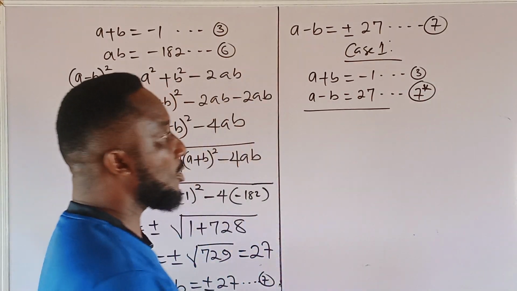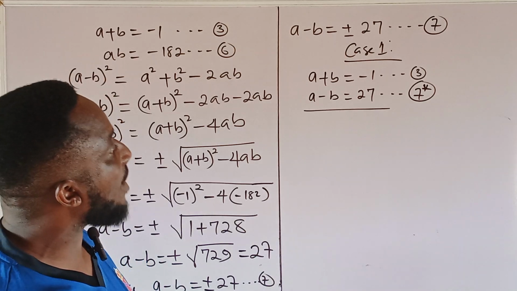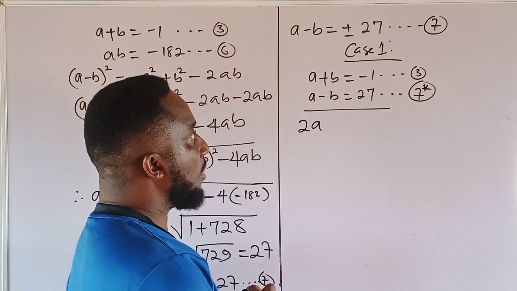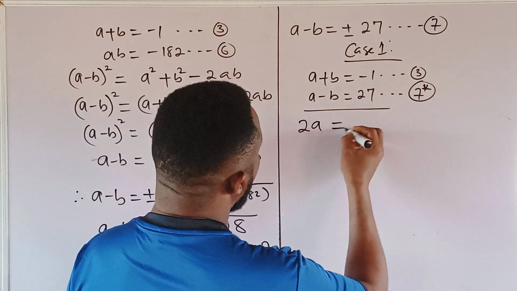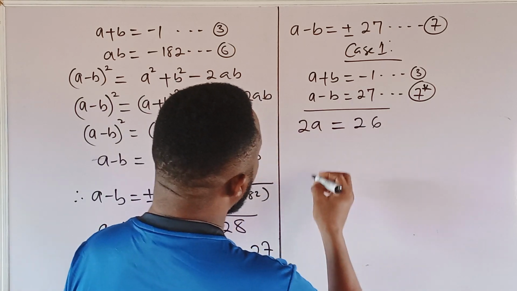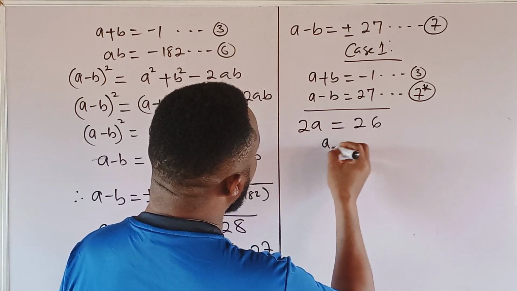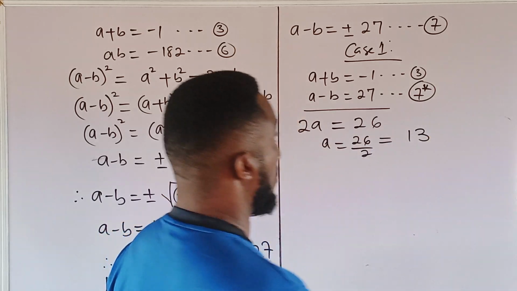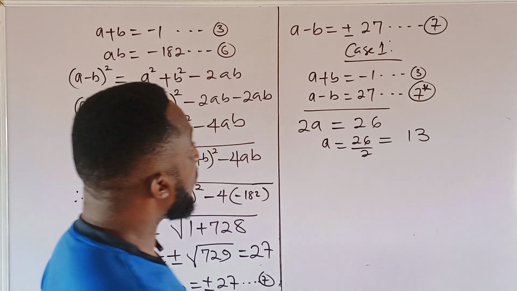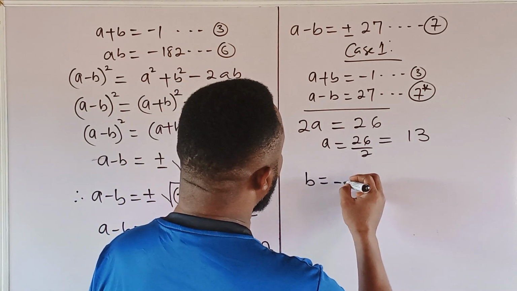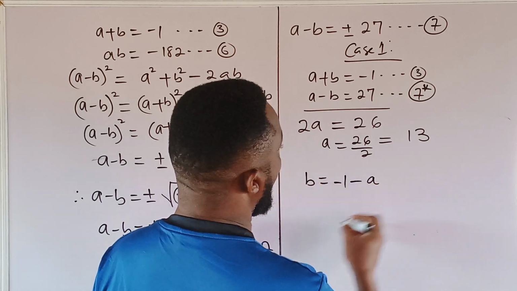If I add equations 3 and 7 star, a plus a is 2a, b minus b is 0, then negative 1 plus 27 will be 26. If I divide both sides by 2, a will be 26 divided by 2, which is 13. Then from equation 3, b is going to be negative 1 minus a.